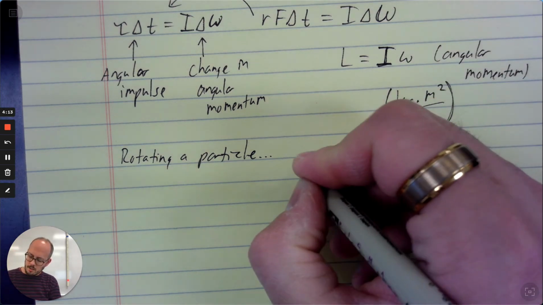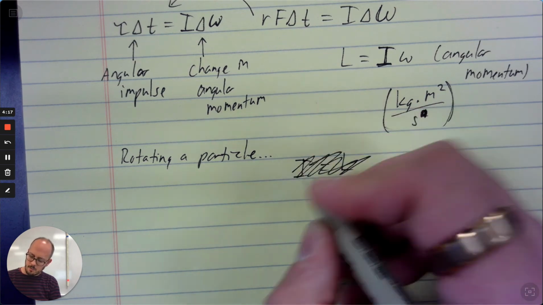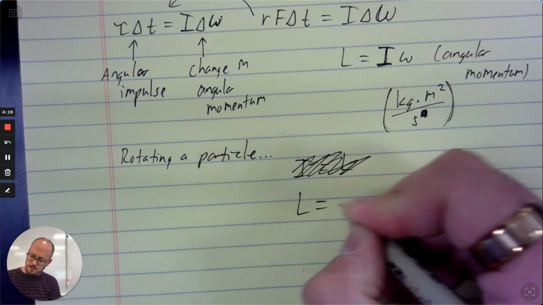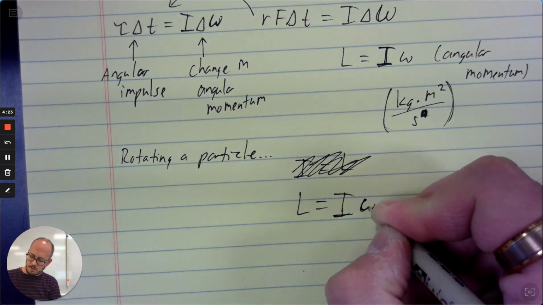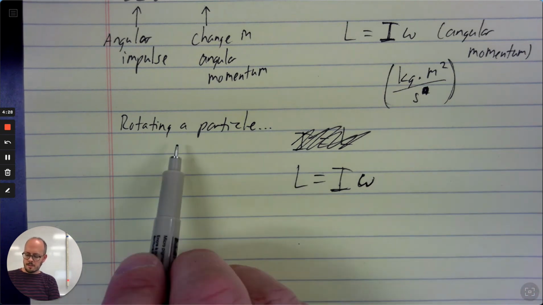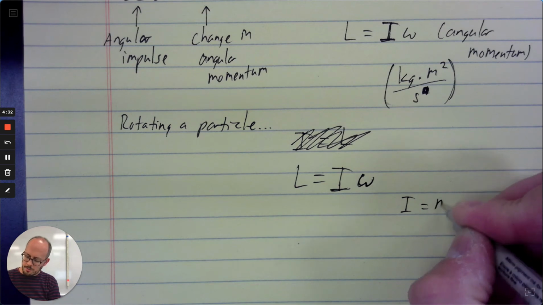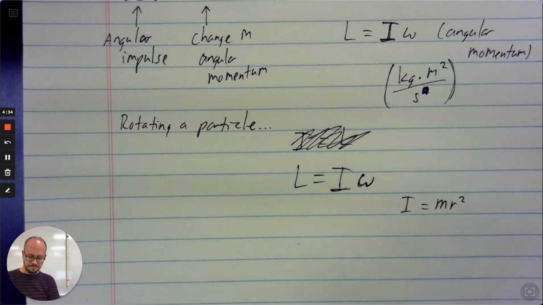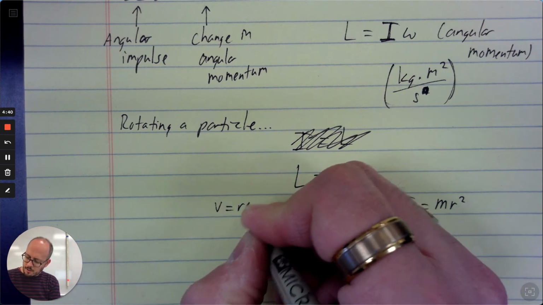So we're going to start with the definition of angular momentum. So moment of inertia times angular velocity. And if it's a single particle, then the moment of inertia equals m r squared. And the linear velocity equals r omega.